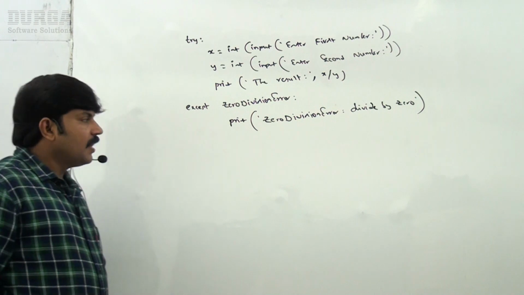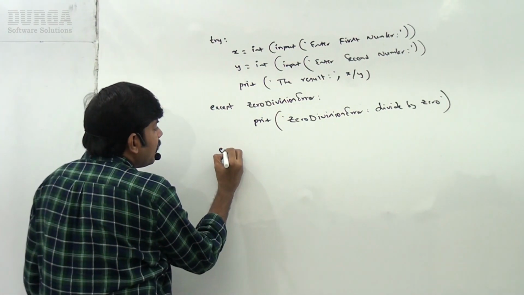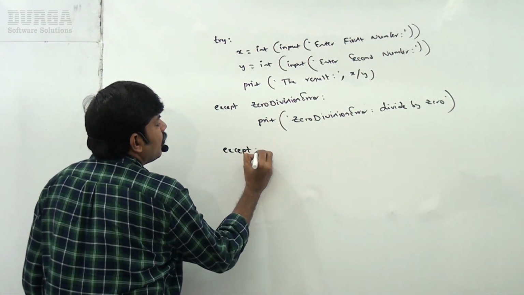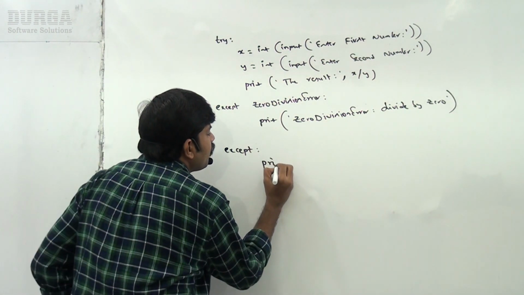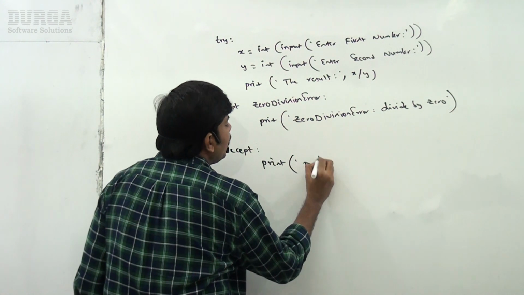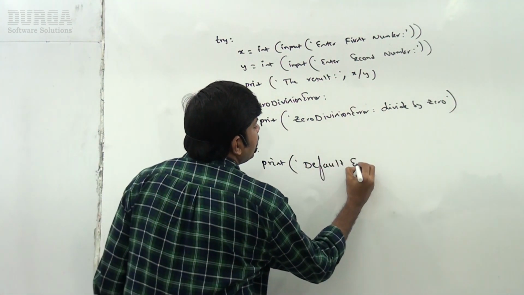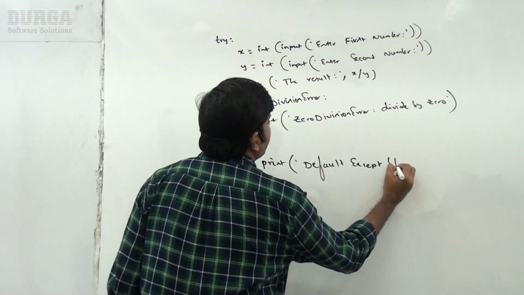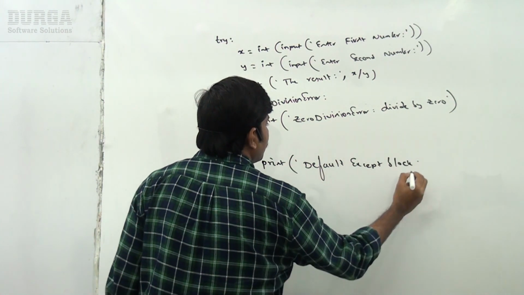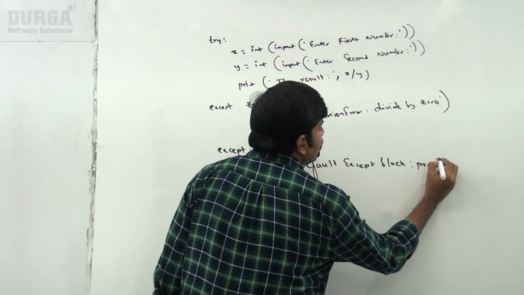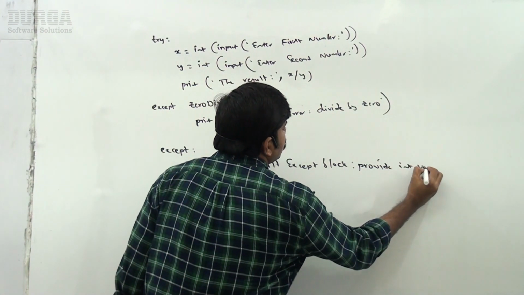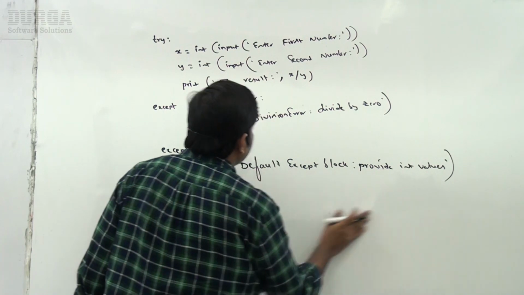Now I take a plain except: print("default except block"). Provide int values only.